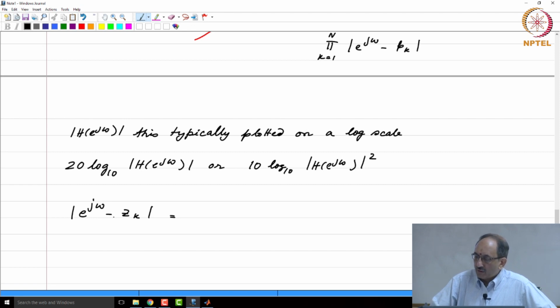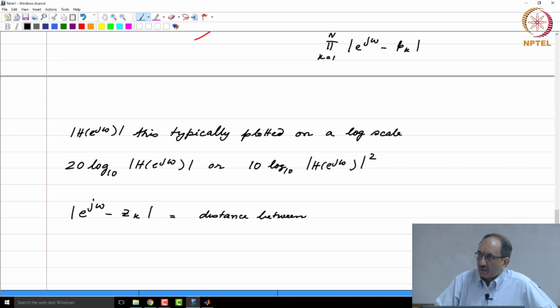So, magnitude of e to the j omega minus zk, geometrically when you look at the magnitude of 2 complex numbers a and b, magnitude of a minus b is the distance between the 2 points. So, in this case it is now the distance between a point on the unit circle, because e to the j omega has magnitude 1, and as you vary omega you are moving along the unit circle.